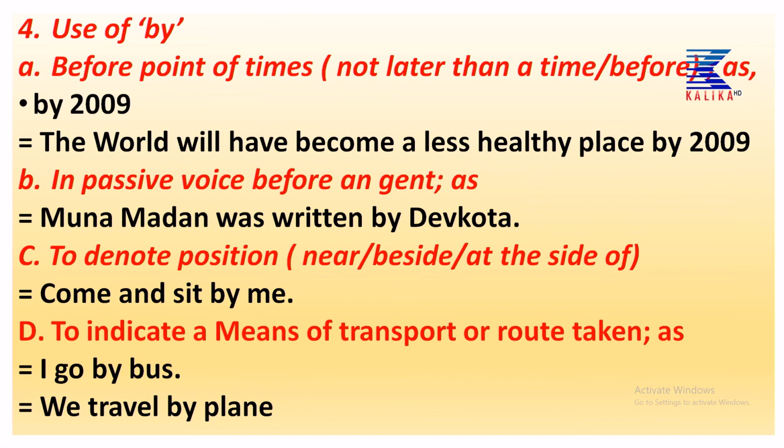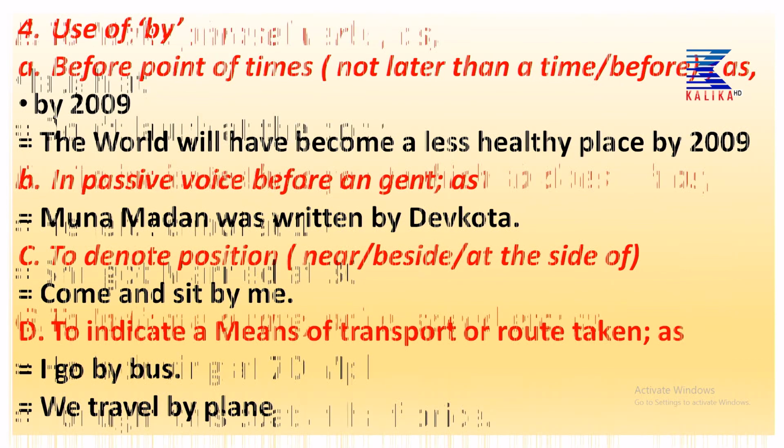In passive voice, before an agent, as Muna Madan was written by Devkota. To denote position near, beside, at the side of, come and sit by me. To indicate a means of transport or route taken, as I go by bus, we travel by plane.